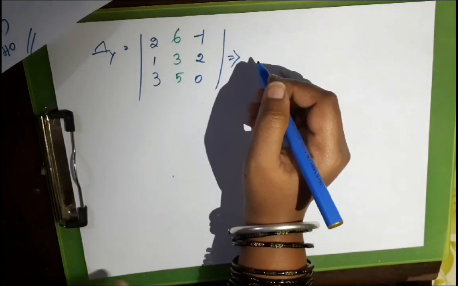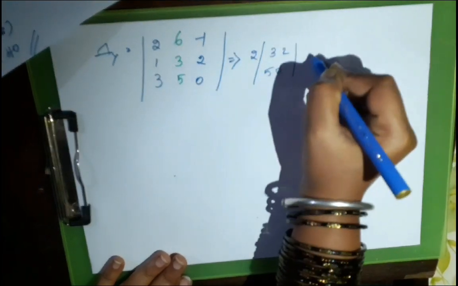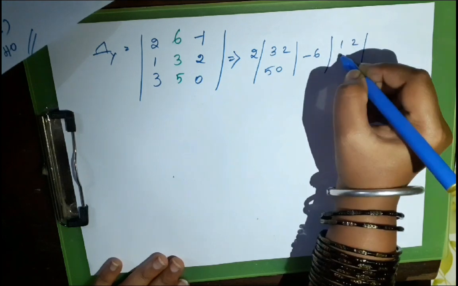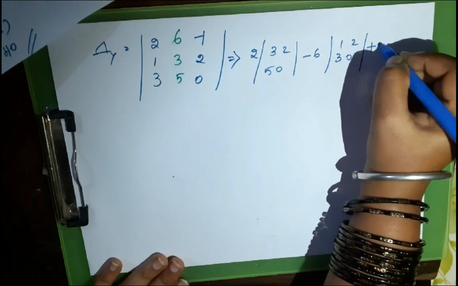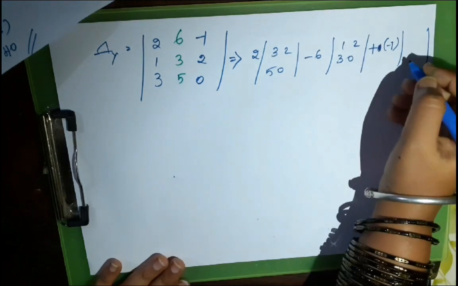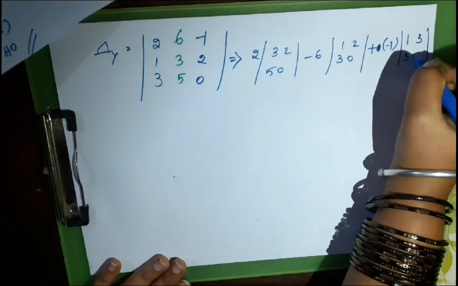So this has to be like 2, 3, 2, 5, 0, minus 6, 1, 2, 3, 0, plus 1 minus plus minus 1, that is 1, 3, 3, 5.